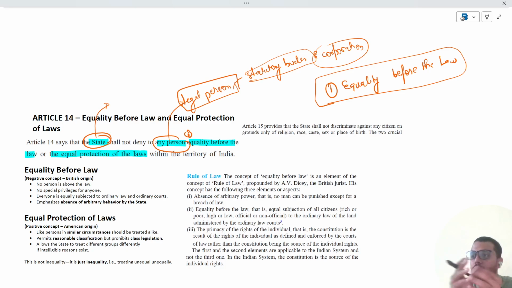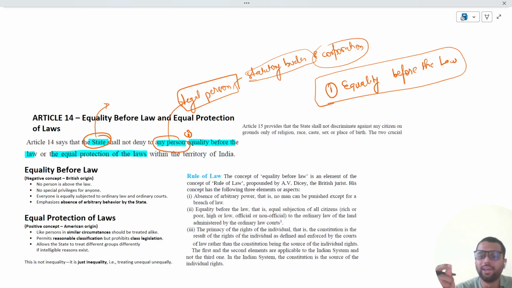There is no special court for anyone else for the breach of the law or for a plea or petition. The doors of the courts are open for everyone, whether you are rich, poor, an MLA, an MP or a common man. So, is this the only definition of equality before the law? Not that. So, what else?